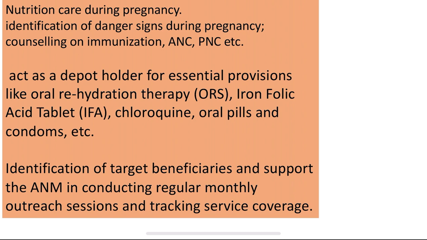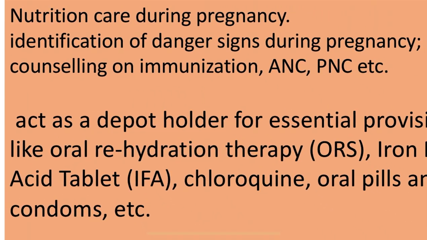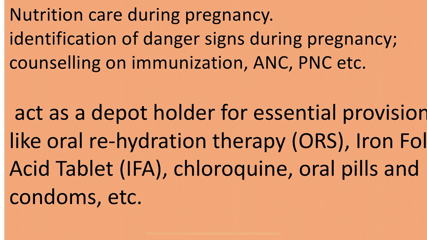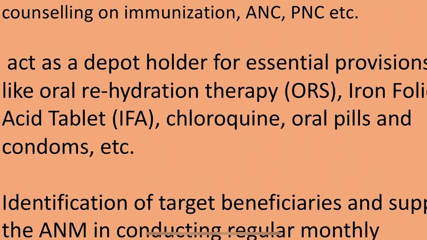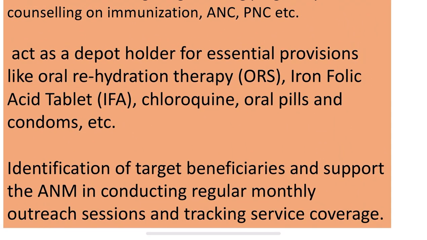Followed by during delivery, she will also educate the people about nutrition, wherein the calorie requirements will be altered. So she has to increase the calorie intake on a daily basis. All of that nutrition care will be provided during the pregnancy, and she will identify the danger signs and provide counseling about immunization, ANC and PNC.